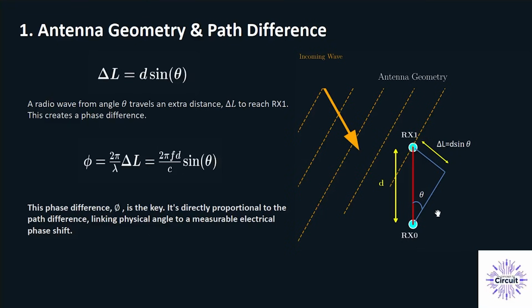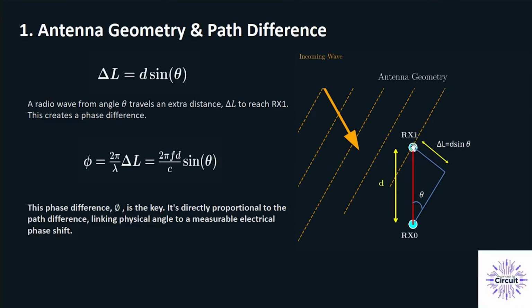We have RX0 and RX1 as the two antennas. And as these planes are propagating, if they are coming at an angle, for instance in this scenario, they first reach RX1. Then as they continue propagating, they reach RX0.